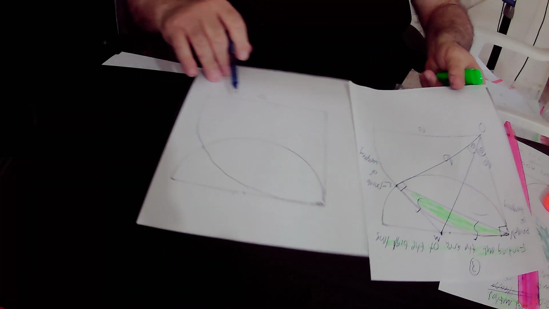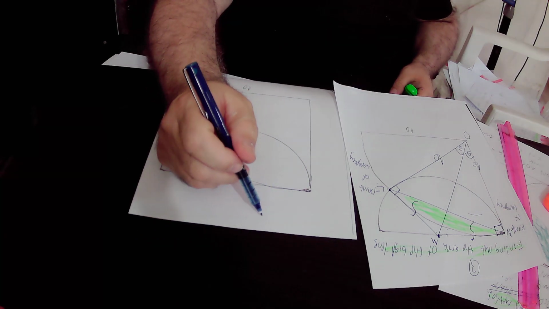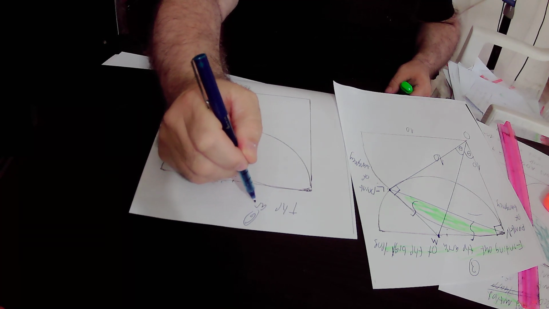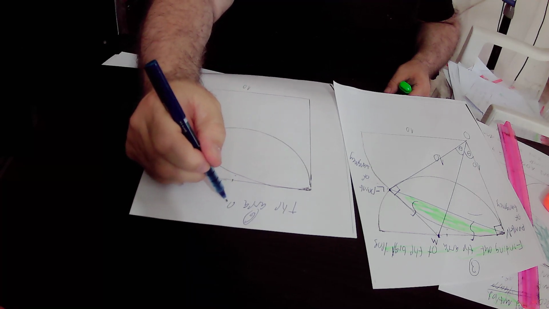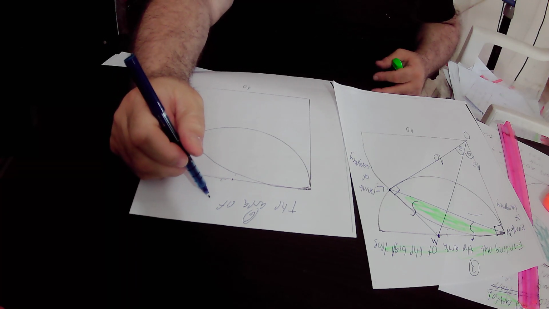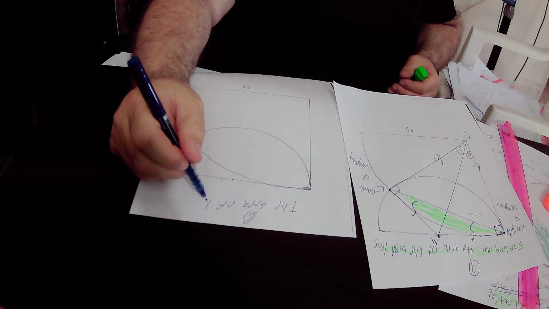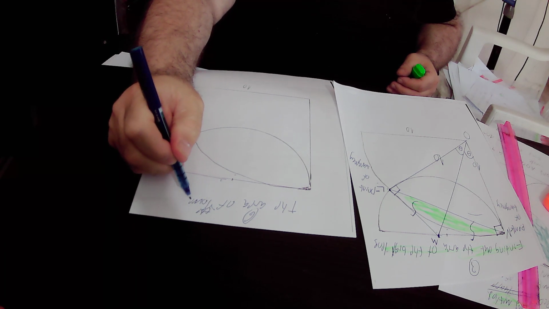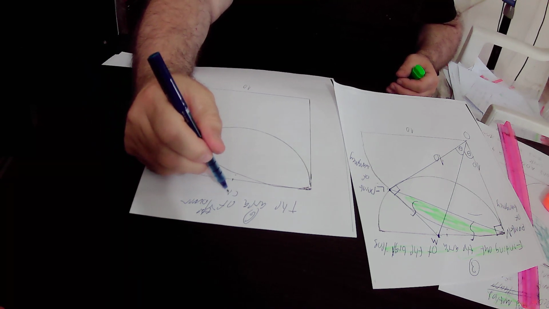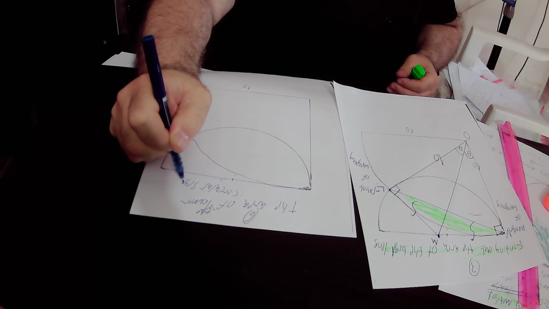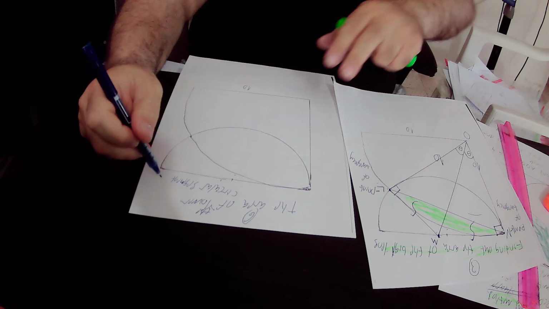So our mission here is to find out the area of the big lens, but here we are looking for the lower circular segment of the big lens.